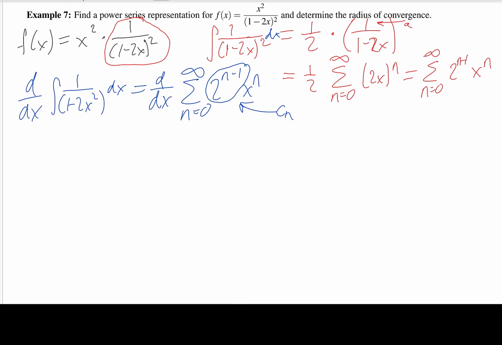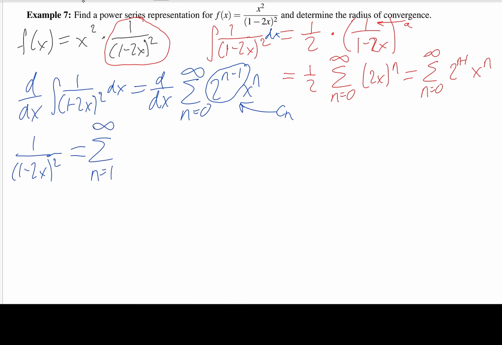Okay, and so what I'll need to do is this will be 1 over (1 minus 2x) squared. I'm again messing this up. The square needs to be outside. Alright, so our derivative and integral cancel with each other. And then on the right hand side, this is going to be the sum from n equals 1 to infinity.